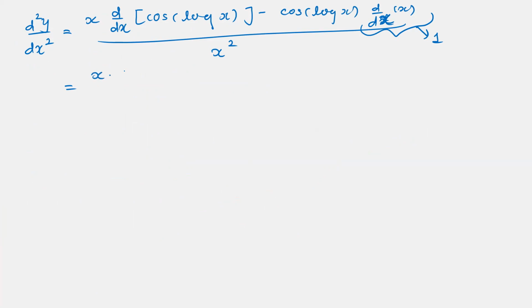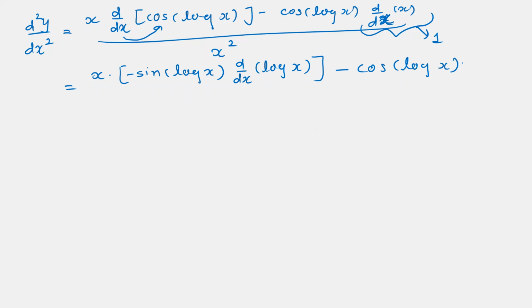See, x d by dx of cos of log x. Cos of log x मतलब minus sine of log x, but need to apply the chain rule for the angle. Minus cos of log x, dx by dx is 1, upon denominator square.